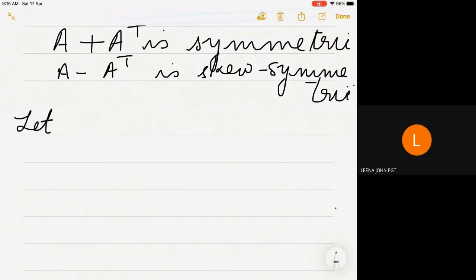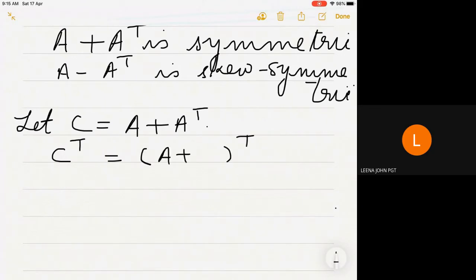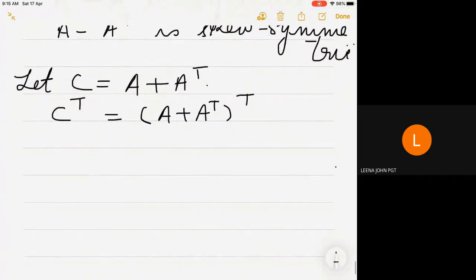let C equal A plus A transpose. To prove that C is symmetric, what do you need to prove? You have to take the transpose of C, that means the transpose of A plus A transpose. Now you have to apply the properties of transpose. As you have already studied, A plus B whole transpose equals A transpose plus B transpose.